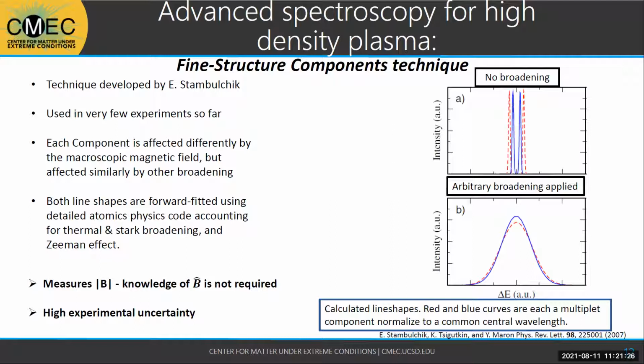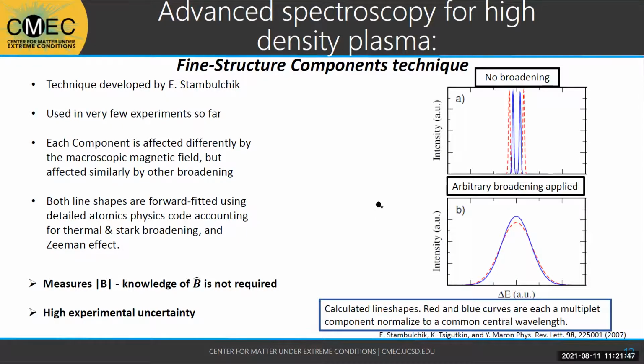There's a theoretical reason for that; it comes down to the atomic energy levels. This technique is exciting because you don't need to know the direction of the magnetic field. You can directly measure the magnitude, but there is a high experimental uncertainty as well.